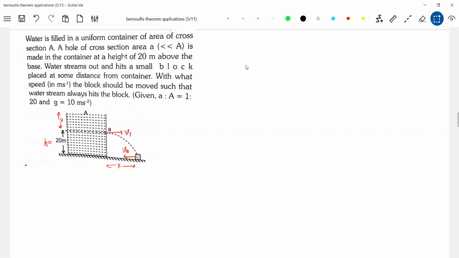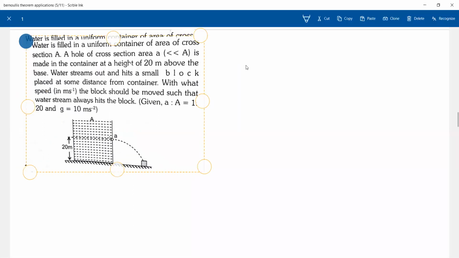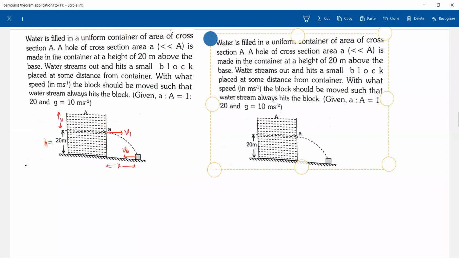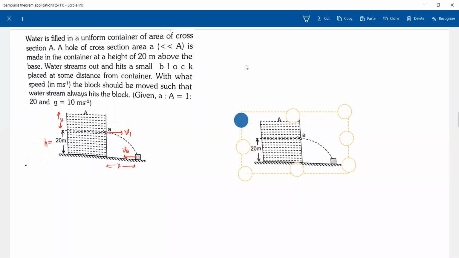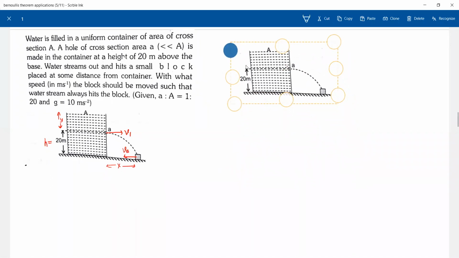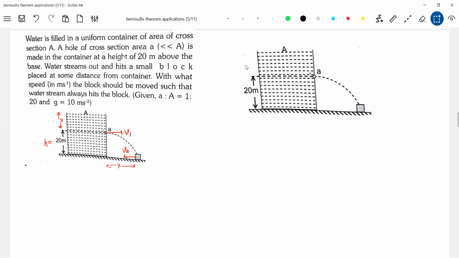I think I'll take the next diagram. So this will be velocity V1, velocity of the block. Those are the assumptions we will make.